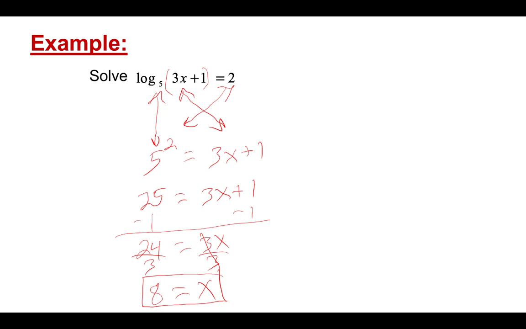These are harder to plug back in. You should plug them back in because a big important process is that the argument can't be negative. So here this isn't going to be. 3 times 8 is 24, plus 1 is 25.